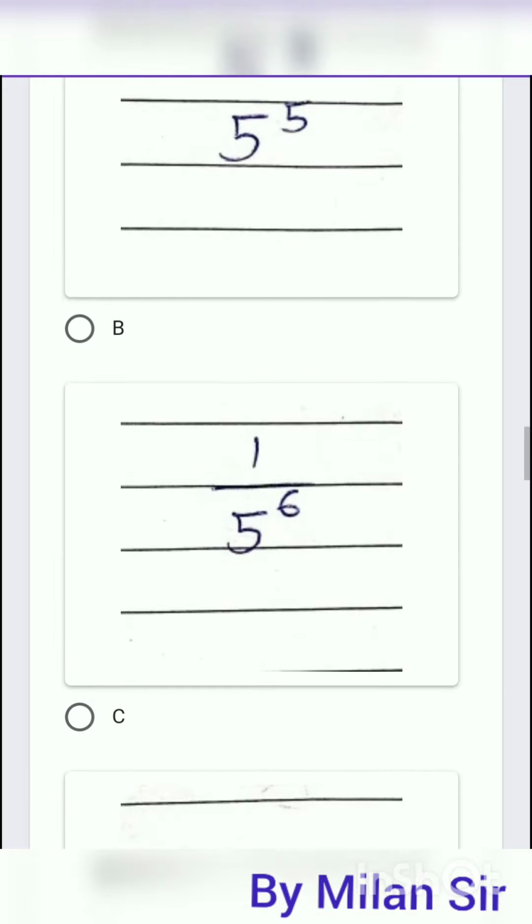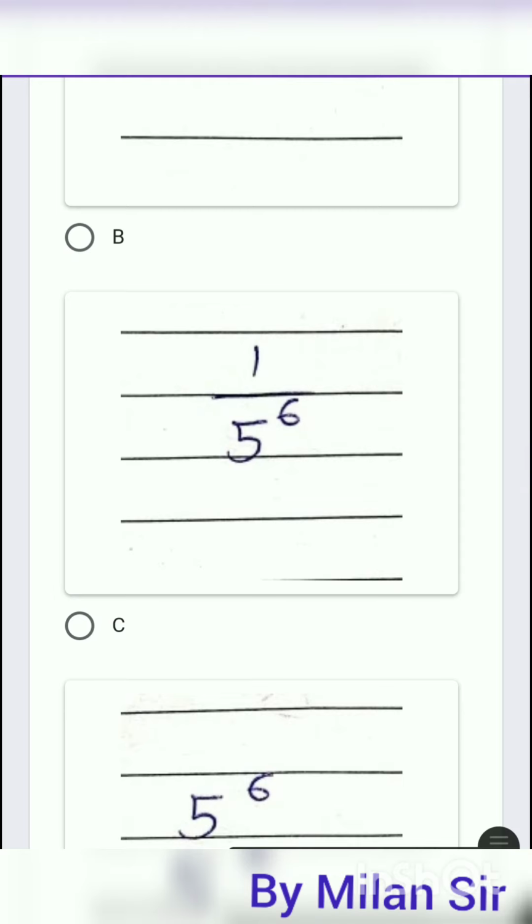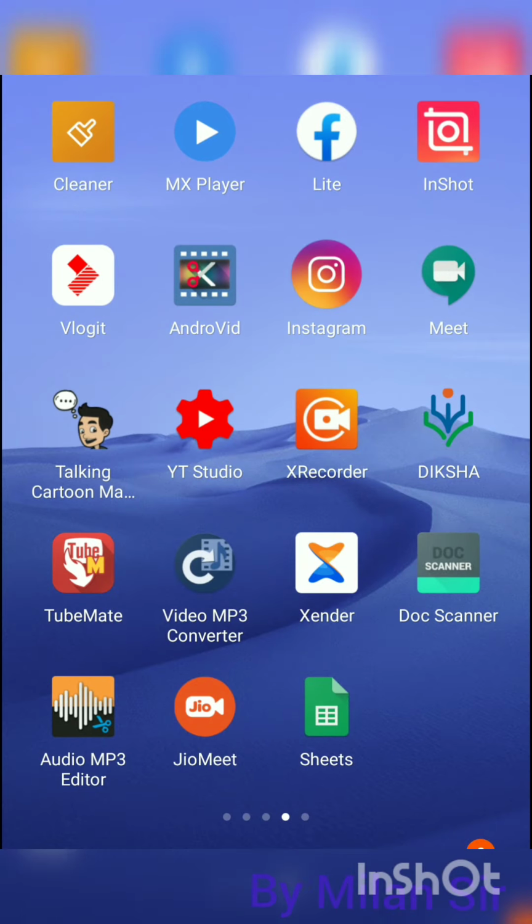So here option C is correct, 1 upon 5 raised to 6. If we want to change the sign of the exponent, then we need to take the reciprocal. So here our option C is correct.